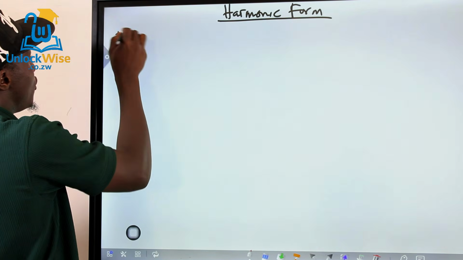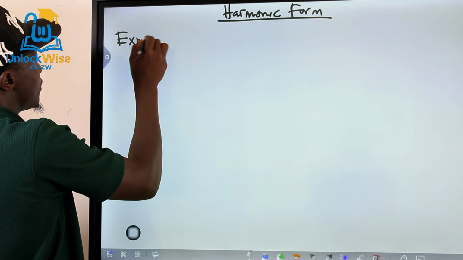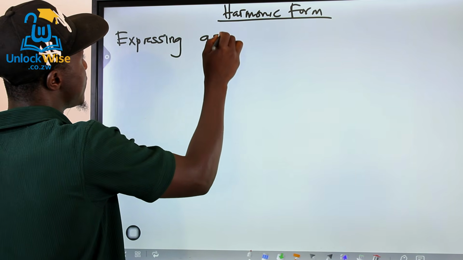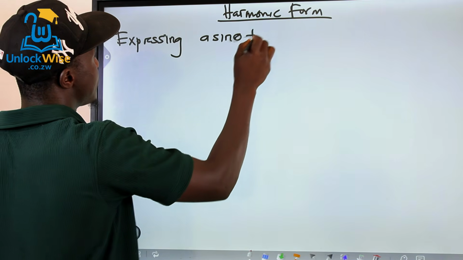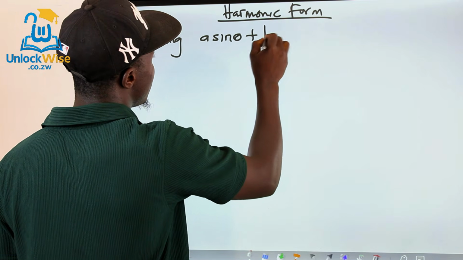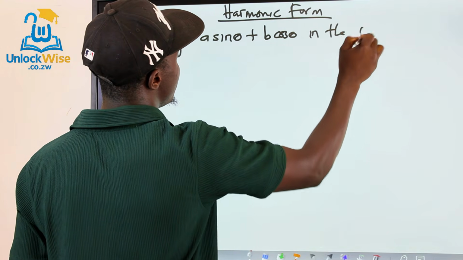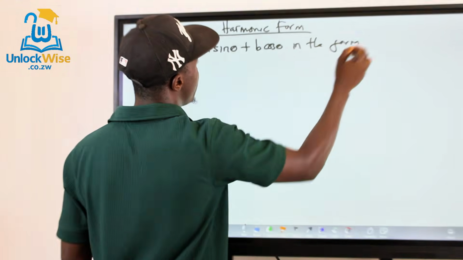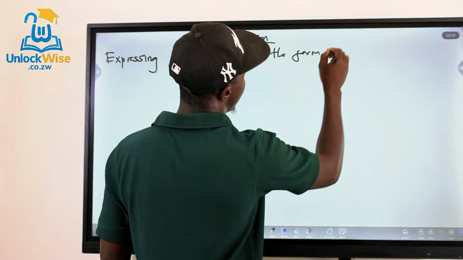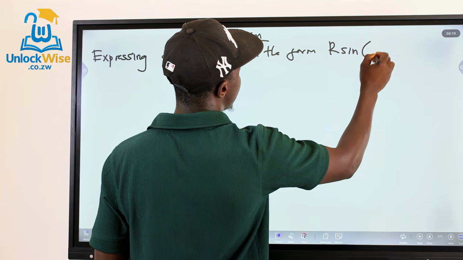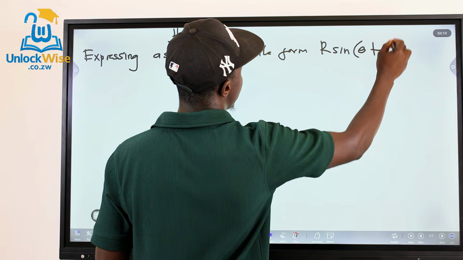We'll begin by expressing a sine theta plus b cos theta in the form r sine theta plus alpha.